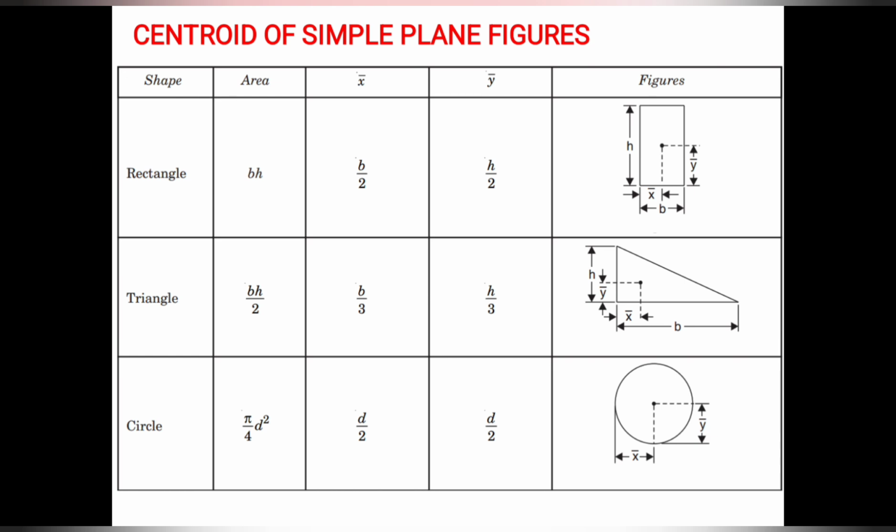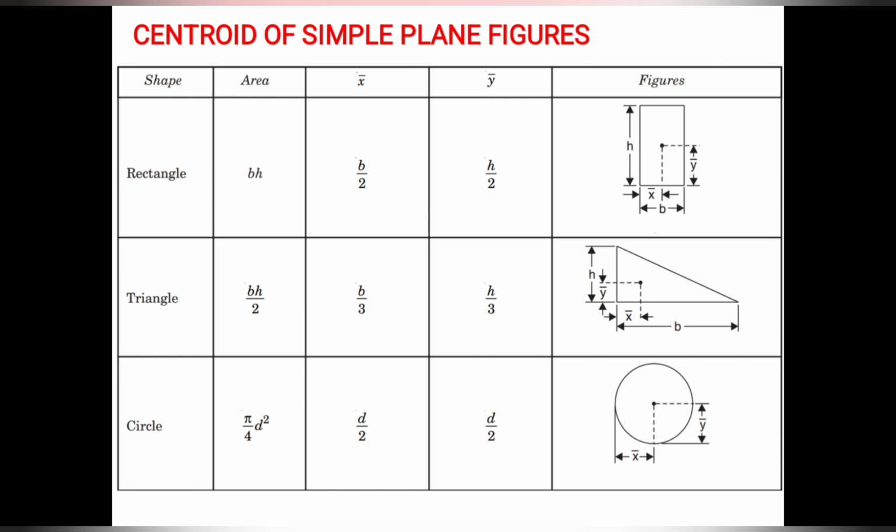Analytically, the centroid can be found using the equation x bar, y bar, which represents the coordinates of the centroid. For a rectangle, x bar equals b by 2, y bar equals h by 2, and the area is b into h.